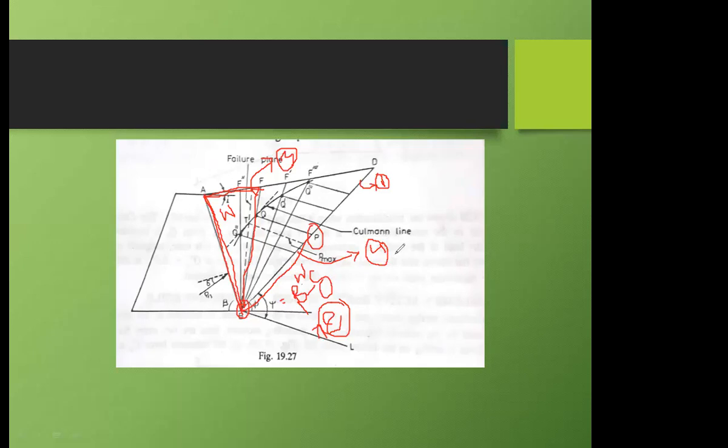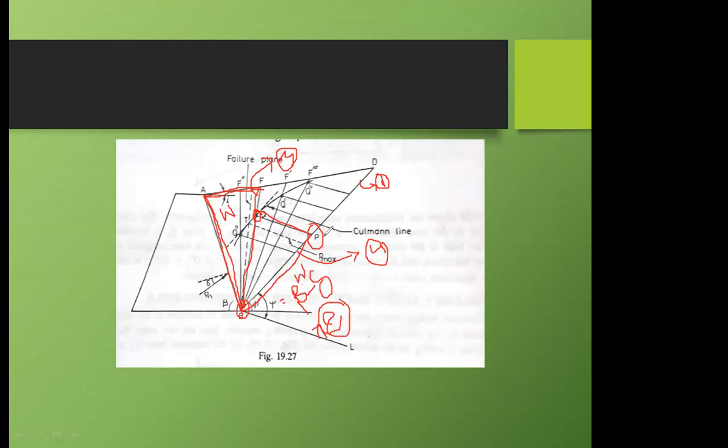So what is the fifth step? A line PQ needs to be drawn. So where does this Q point end? Where is the Q point represented? Q point, if you see, the PQ line is parallel to the BL line.